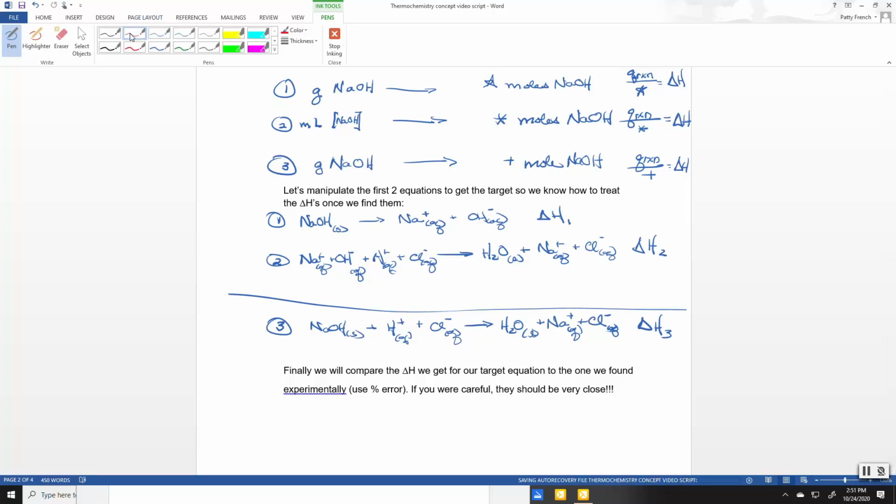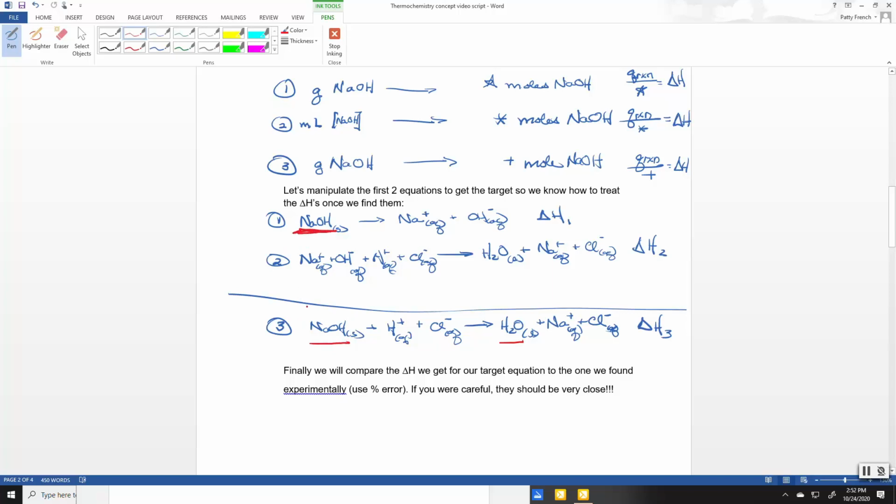Well, as always with our Hess's law examples, you take a look at your target equation and you find which equations you're going to be using that has that particular compound in it. So first we're looking at NaOH solid, and the equation that we see that in is number 1.